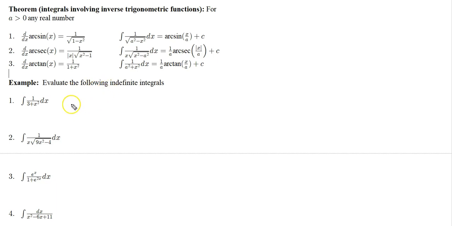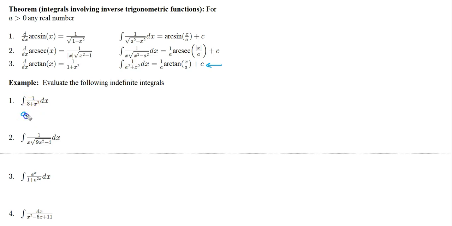Now let's take a look at these examples where we're evaluating indefinite integrals. So the first one here, we want to find the antiderivative for 1 over 3 plus x squared. So we look at our table up here, and it looks like it's a best match for this formula right here, where the a squared is 3.